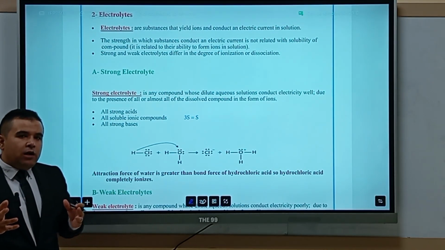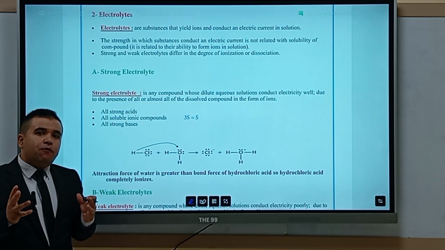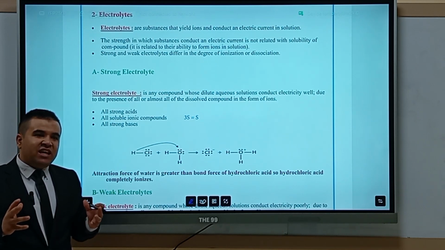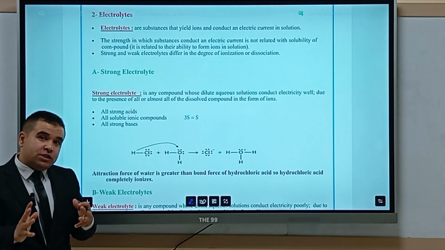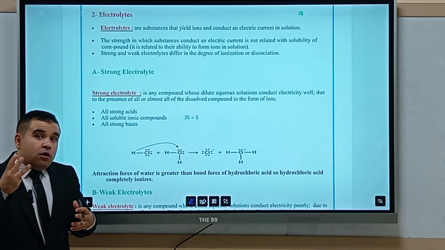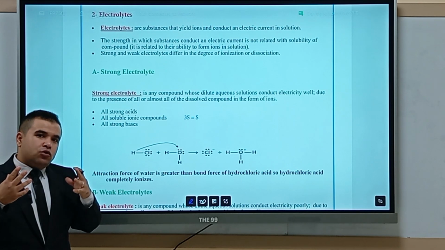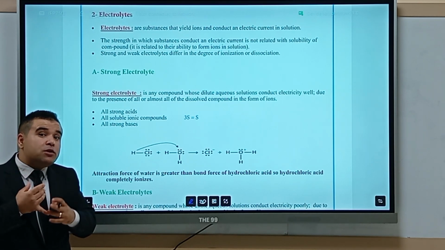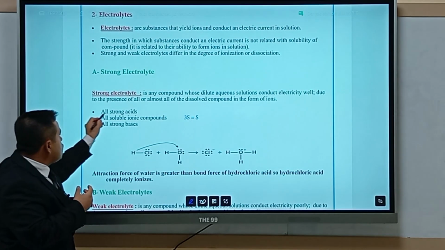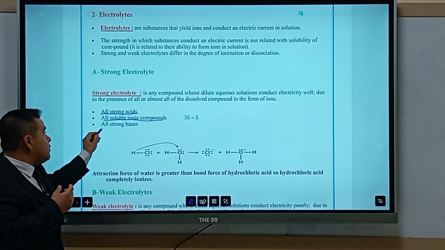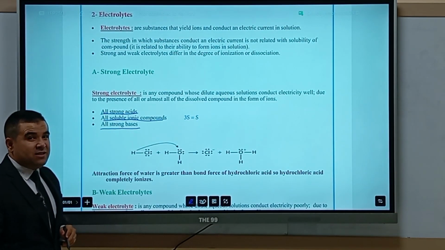Strong electrolytes are those solutes which form ions in their solution only, and they completely ionize or dissociate to form ions. Three groups are the strong electrolytes: soluble salts, strong acids, and strong bases.